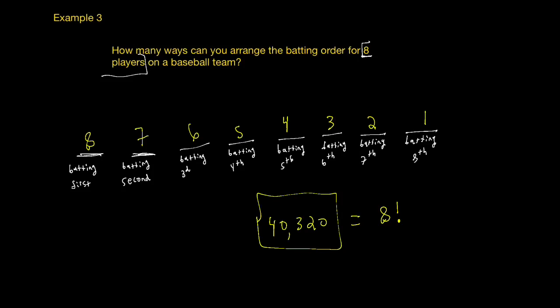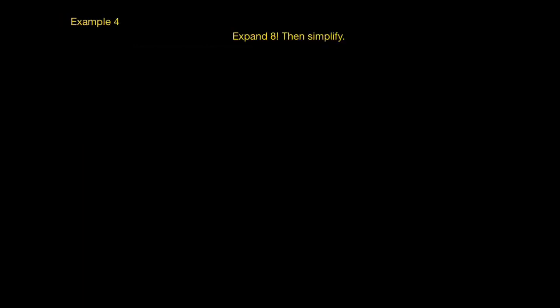Okay, let's try another example. Now let's expand 8 factorial and then simplify this. Well, we actually already did 8 factorial, so let's just expand 6 factorial and then simplify. So for these problems, we're going to get 6 factorial, and that's going to equal, well, we're going to begin at 6, and then we're going to expand by multiplying all the way down until we get to 1.